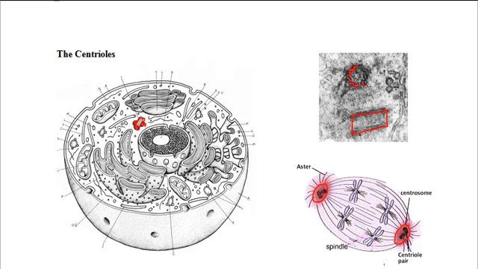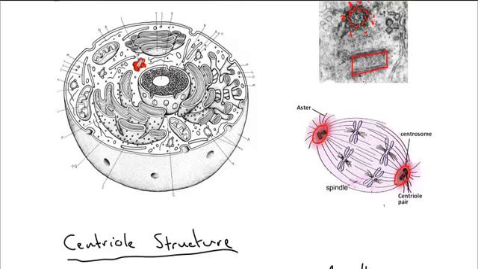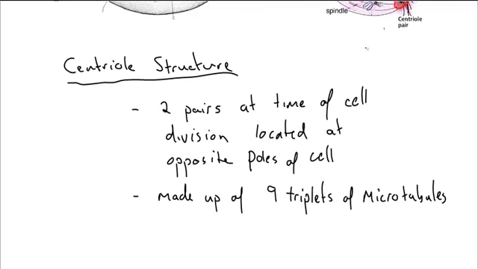The third's hard to see in one spot, but I guarantee you it's there. If you count, that's 1, 2, 3, 4, 5, 6, 7, 8, 9 sets of triplets. Somewhere in here is a third, it's just hard to see on that picture. Each part of the centriole is always made up of that pattern. It's very clear to see under the microscope.